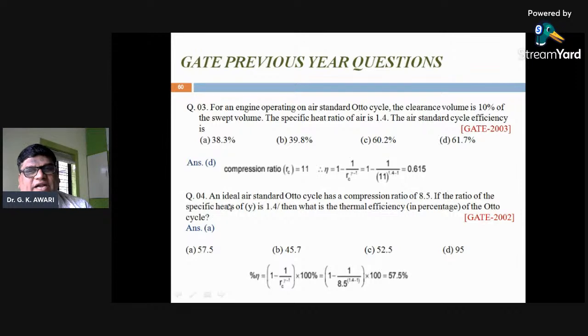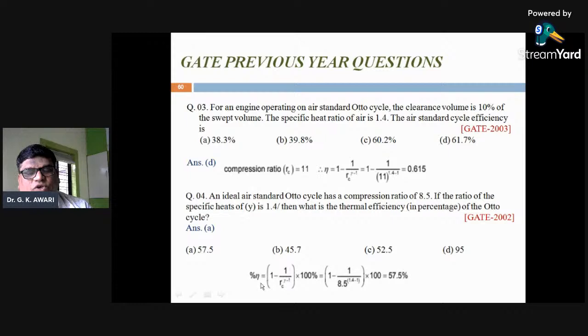Then an ideal air standard Otto cycle has a compression ratio of 8.5. If the ratio of the specific heats gamma is 1.4, then what is the thermal efficiency in percentage of the Otto cycle? Again, four options are given to you: 57.5%, 45.7%, 52.5%, and 95%.